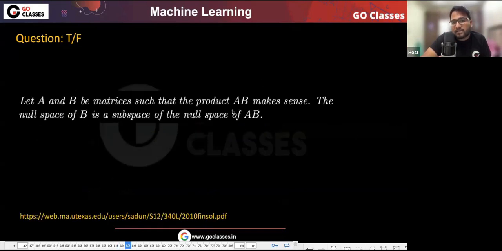A and B are matrices such that the product AB makes sense, which means it is dimension-wise defined. The null space of B is a subspace of the null space of AB. By the way, this question is true/false, but let's prove it to be true.